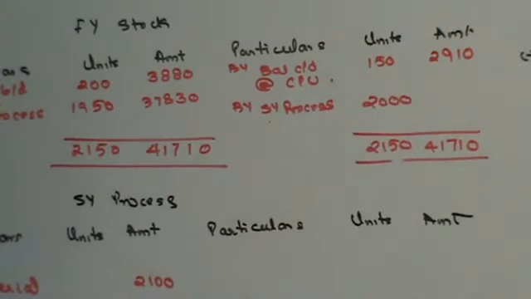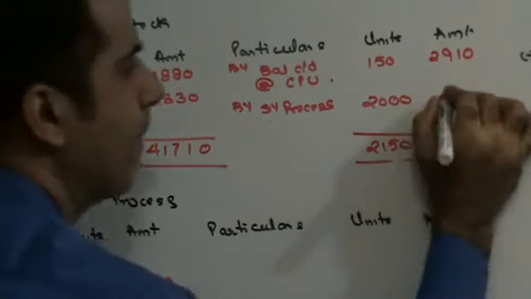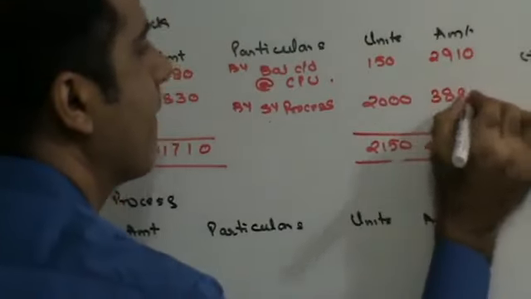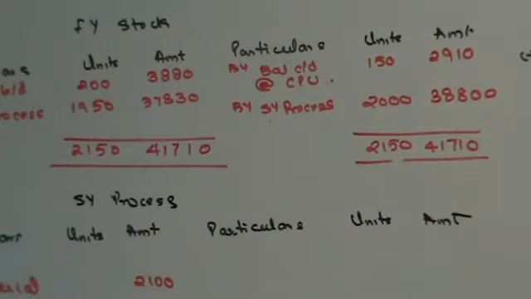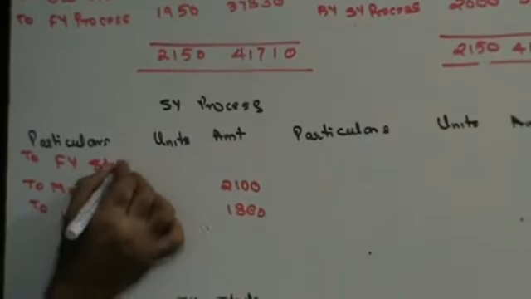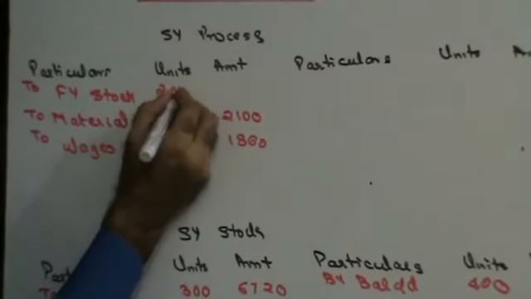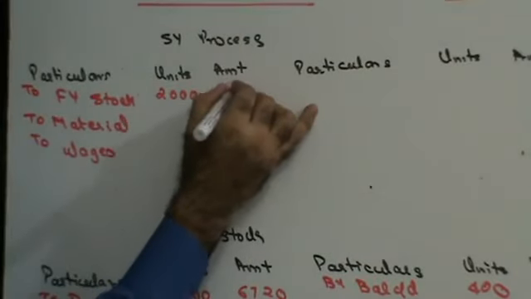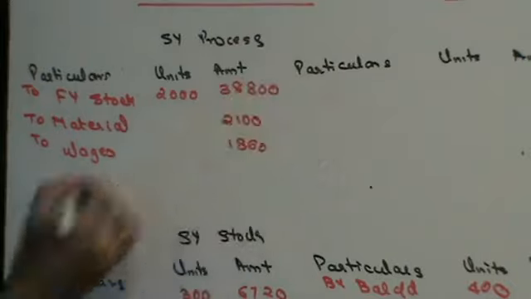This is going to be my actual balancing figure, and 41710 minus 2910 will give you 38,800. Right? That finishes your FY process. This closing balance is to be transferred here to FY stock. That is 2000 units and 38,800.